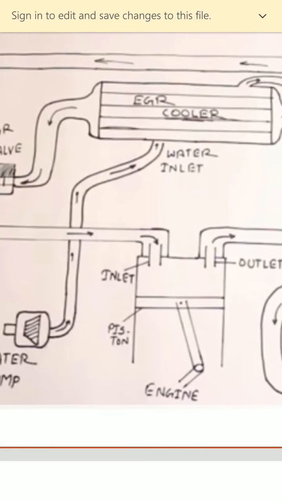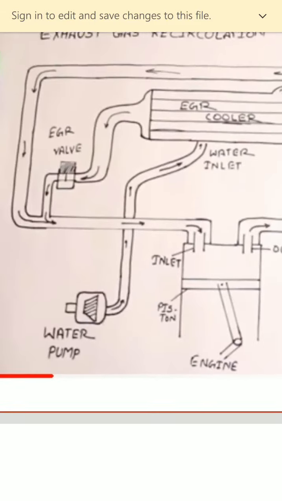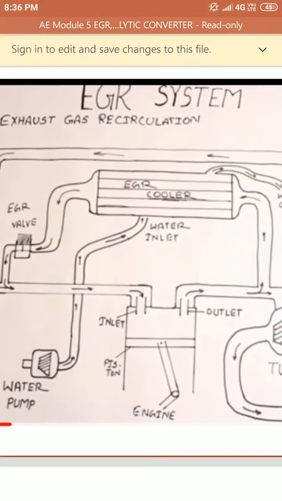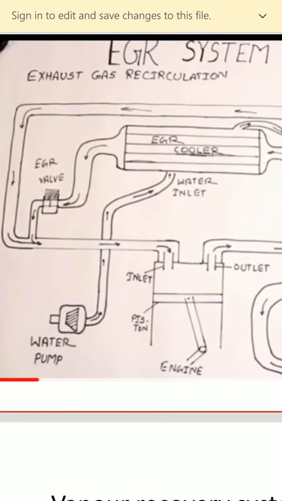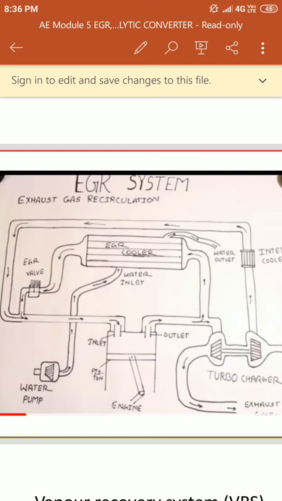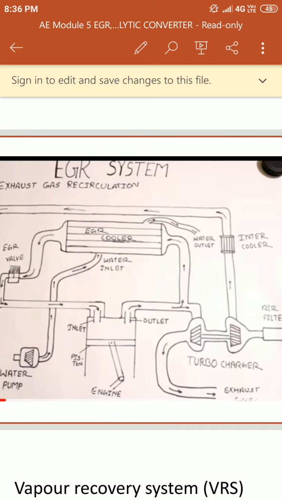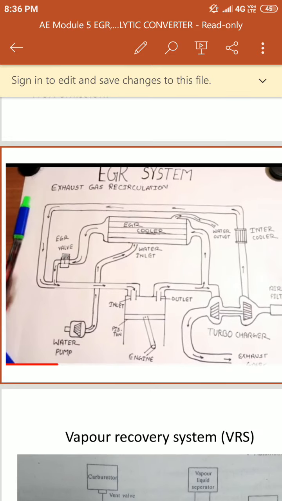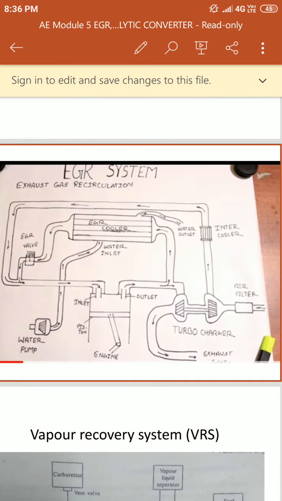Next, a water pump is connected to the EGR cooler. We know the function of the water pump is to pump the water. This in general is the construction. Now, how to write the working? Here we have to reduce the temperature. Listen here first.